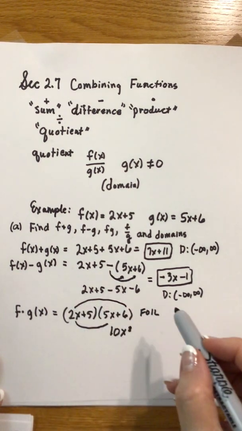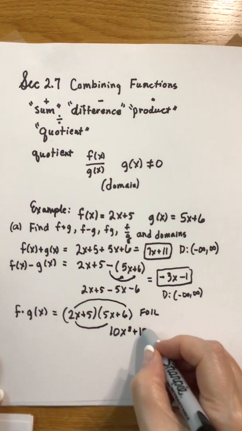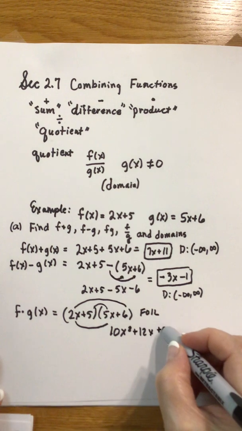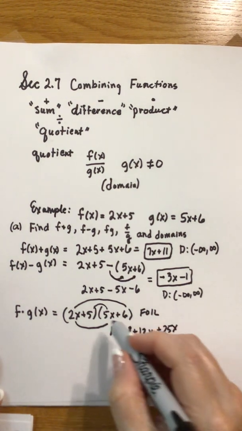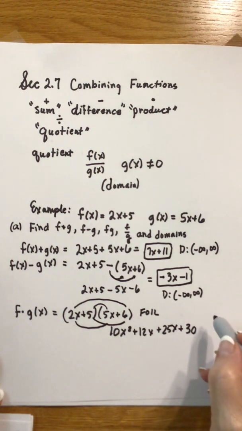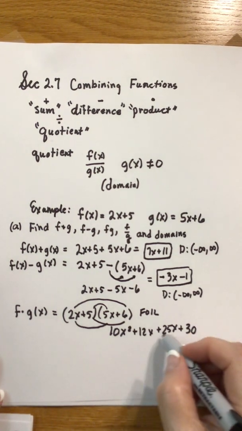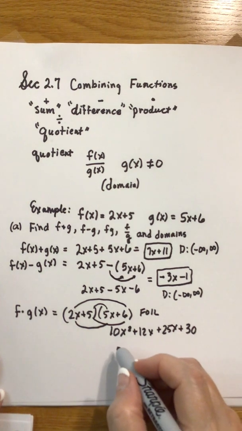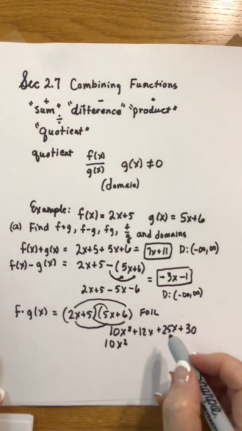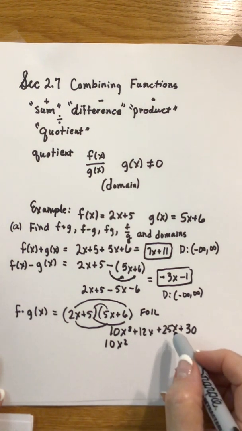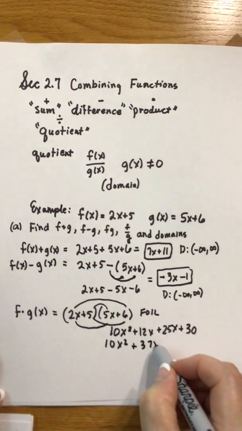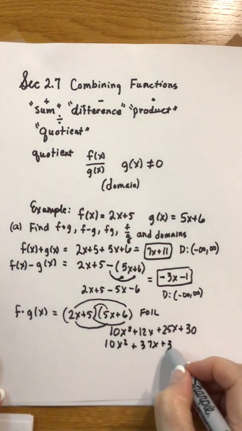Outside ones would be 2x times 6, plus 12x. Inside ones, 5 times 5x would give me 25x. And 5 times 6 gives me 30. So are we finished? No, we have to put common terms together. So I'm going to get 10x squared. So now I've got 12 and 25, both are positive, so we add and keep the sign. It's going to give me plus 37x plus 30.